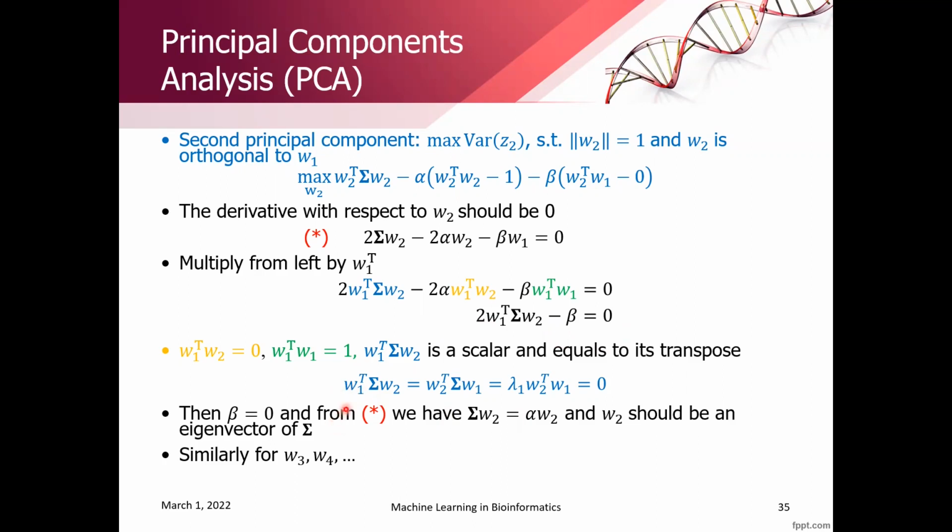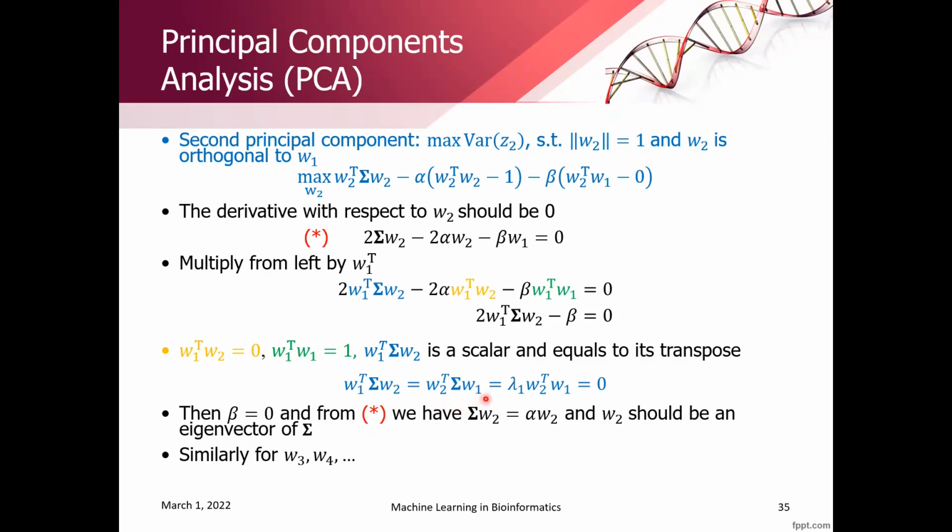And again, this is a scalar value, of course. We have that W sub 1 transpose times the covariance matrix sigma times W sub 2 can be expressed in this way.